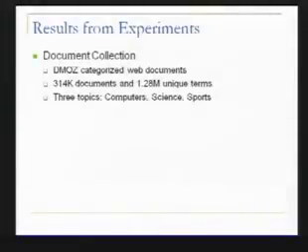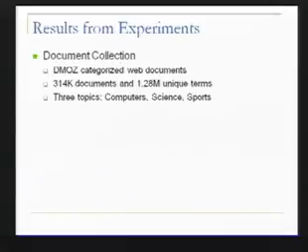So I'm going to report experimental results from a document collection. Basically, the document collection is a set of web pages taken from DMOZ categorized web documents. This collection has categories assigned by human editors for each web page. Here we took only around 300K documents, and it created more than 1 million unique terms.